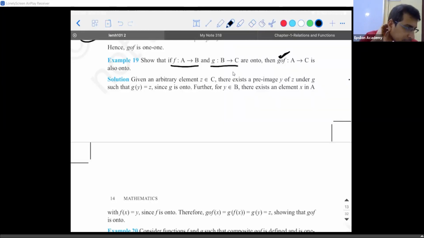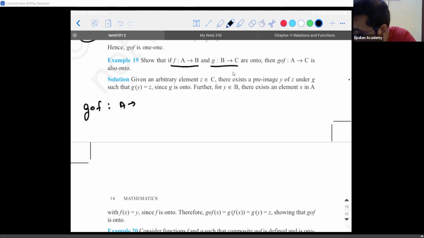So let's recollect the basics. When can you say a function will be an onto function? When the codomain is equal to the range. So I will concentrate on g circle f, which is a function mapped from A to C. For this to be onto, I need to prove that every element in the set C has a pre-image in set A. That is my duty.